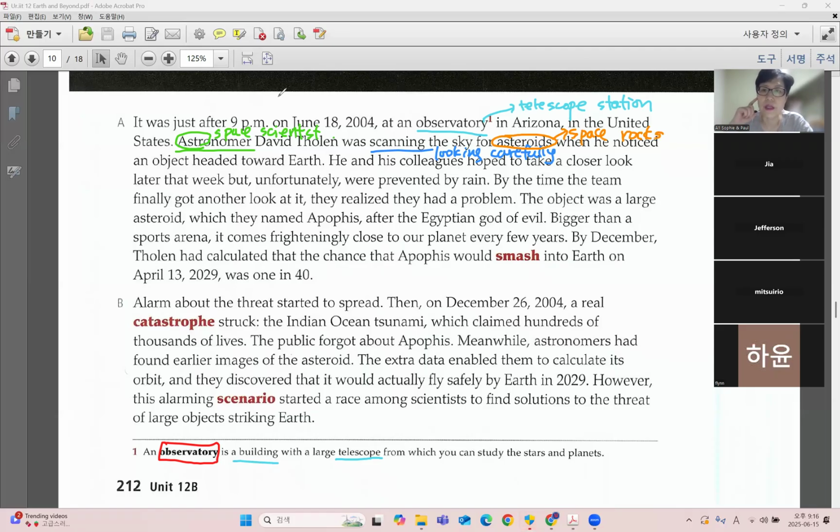Okay. When he noticed, what is the notice? To know. Yeah, very easy. And noticed means know or saw. How do you know? Because you see it. Noticed, saw an object headed toward Earth. He and his colleagues. Who are the colleagues? Your teammates.